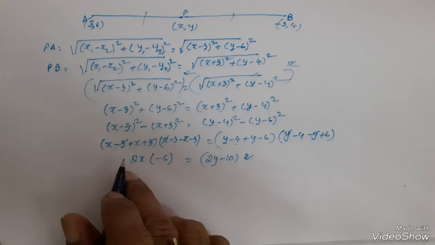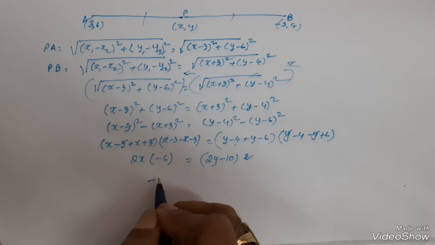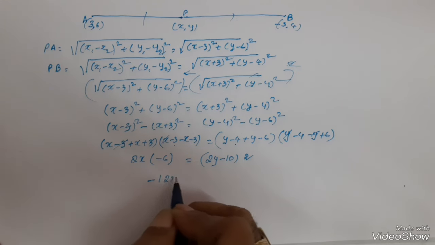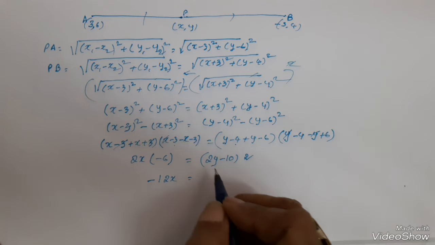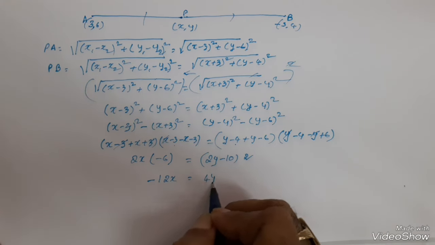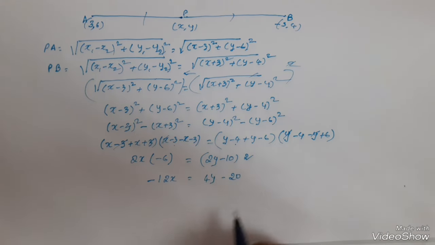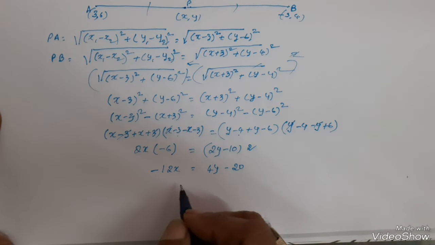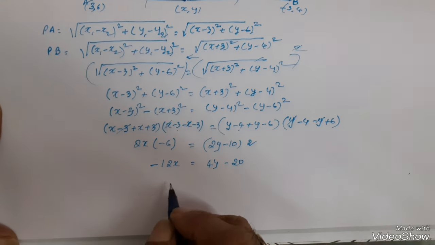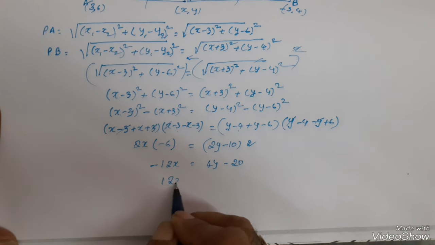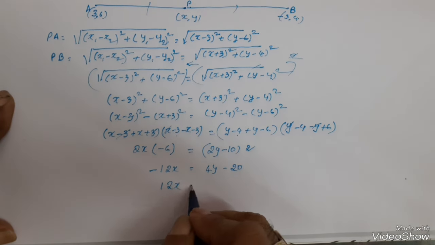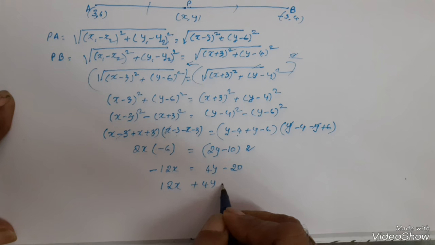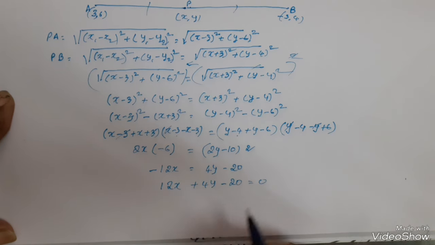Then we get 2 into x into 6, which is 12x, equals 2 into 2y, 4y, minus 20. Now take all terms to one side. Then we get 12x plus 4y minus 20 equals 0.